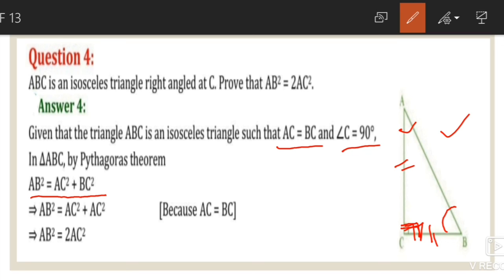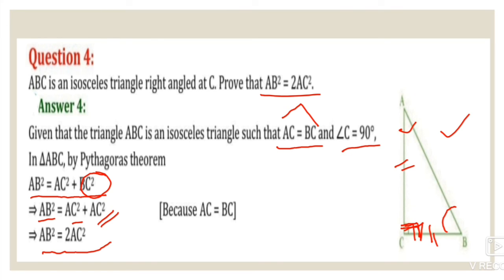So in place of AB square, write AB square. In place of AC square, write AC square. But AC is equal to BC, given. That's why in place of BC square, I am writing AC square. So I am getting AB square is equal to 2AC square, which I had to prove. So in this way, you have to solve this question. This was a very easy question.